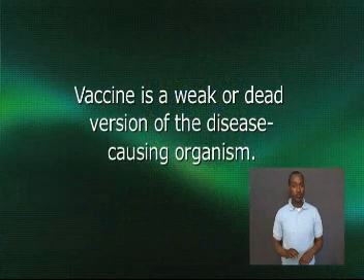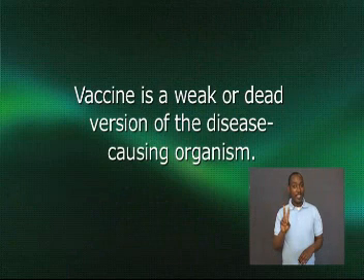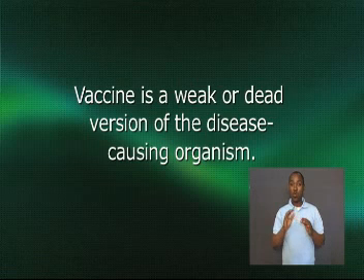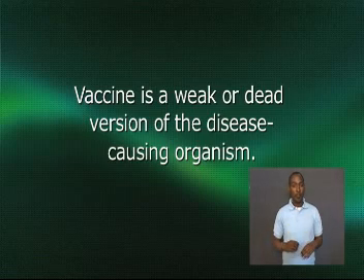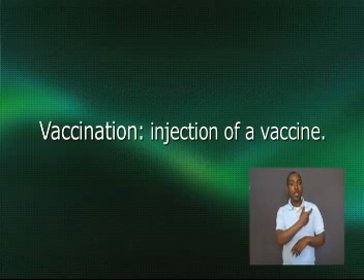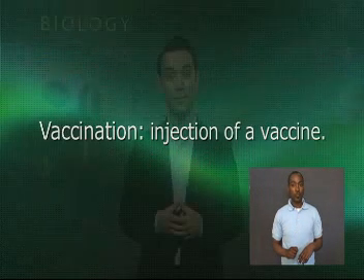A vaccine is a weak or dead version of a disease-causing organism. The vaccine is then given to people in a vaccination, which is the injection of a vaccine into the body.